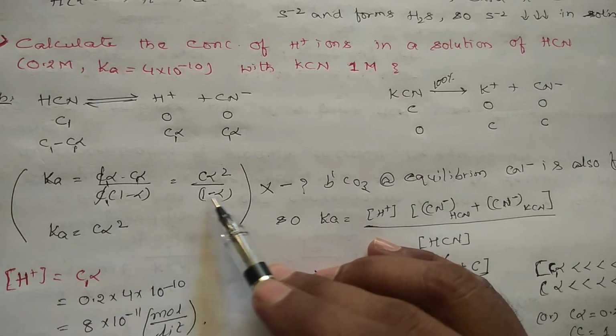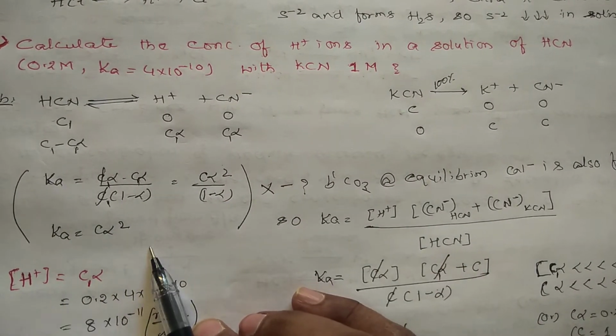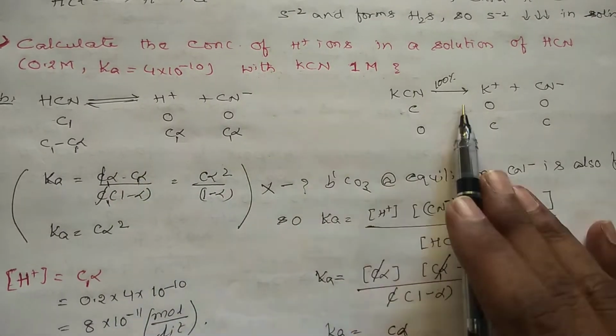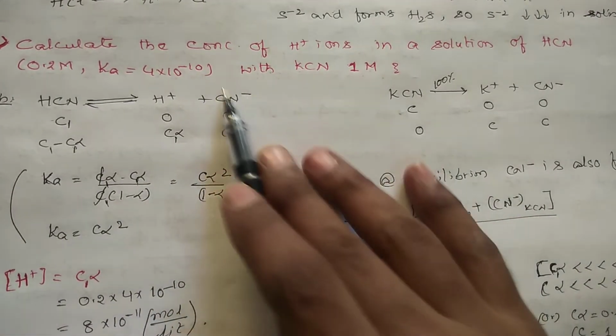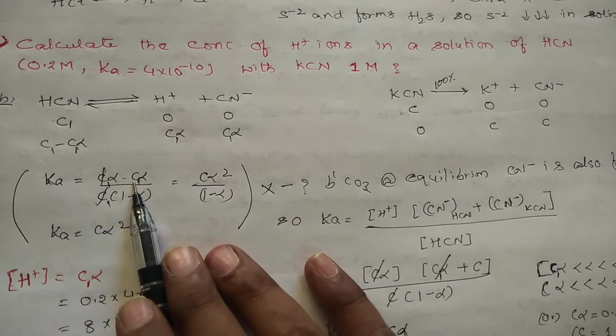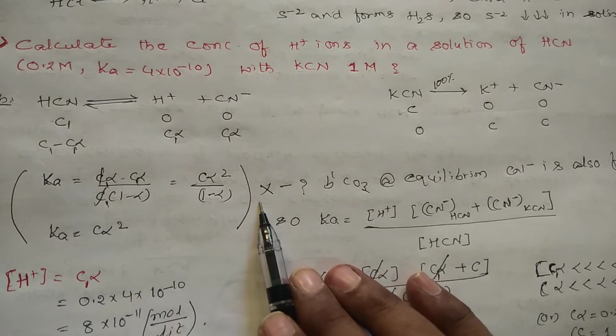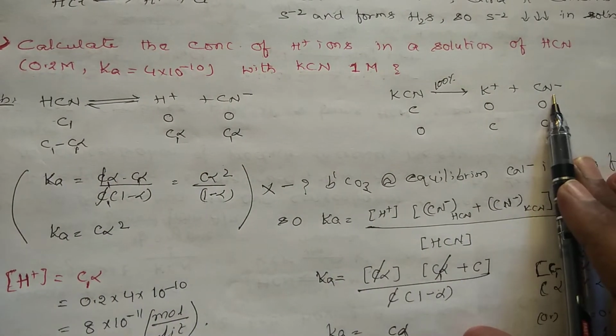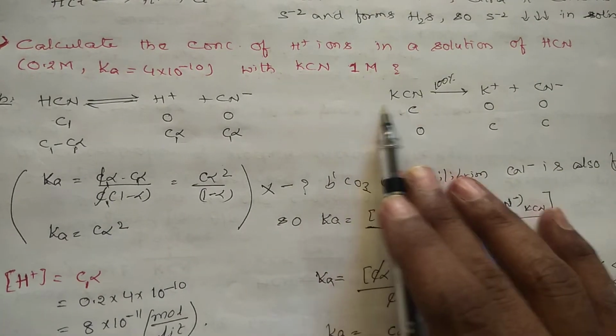It becomes C1α² by (1 minus α), and Ka would equal C1α². This is the wrong thing. You should not do it in this pattern, because in this solution CN⁻ is common. So the CN⁻ concentration is C1α plus C. You are taking only C1α here. You should not take that, because the equilibrium is being affected by the CN⁻ that you are also getting from the KCN.